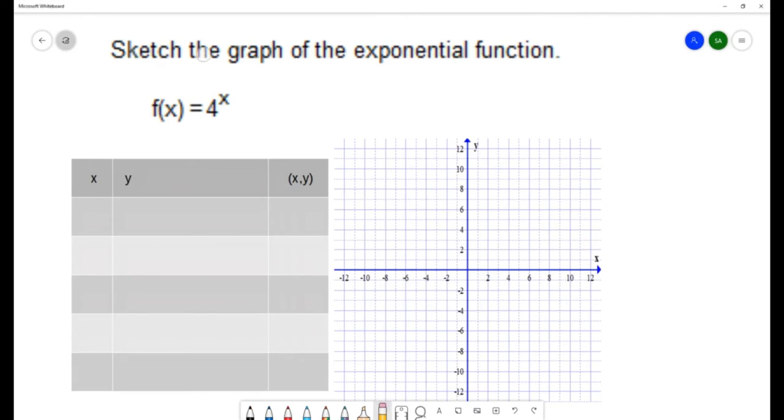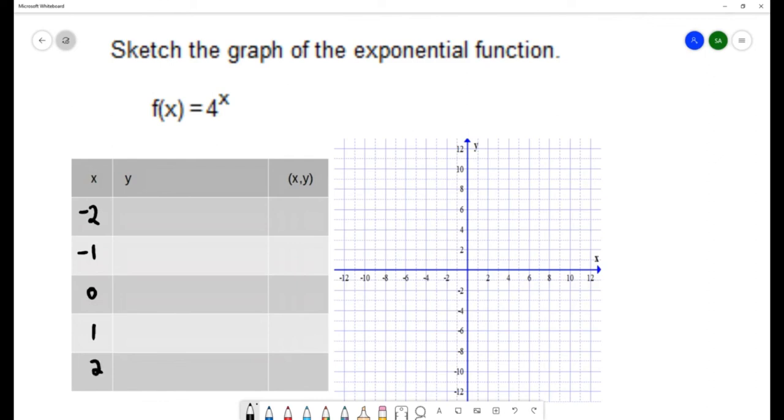Sketch the graph of the exponential function f of x equals 4 to the x. And we're going to make a table of values to find ordered pairs and then sketch the graph on this coordinate plane here. I'm going to use a standard set of x's: -2, -1, 0, 1, and 2.